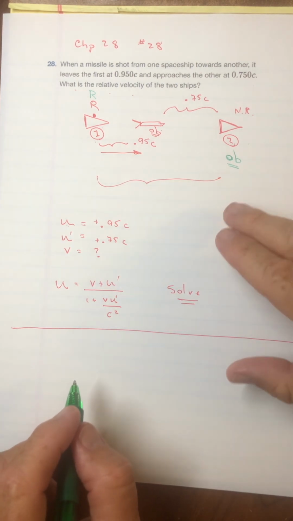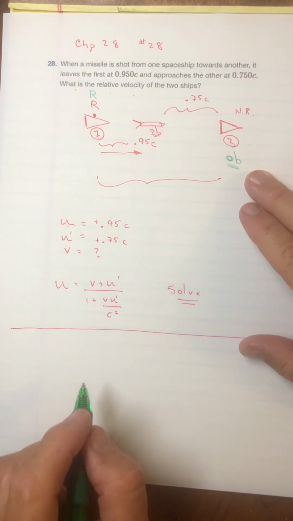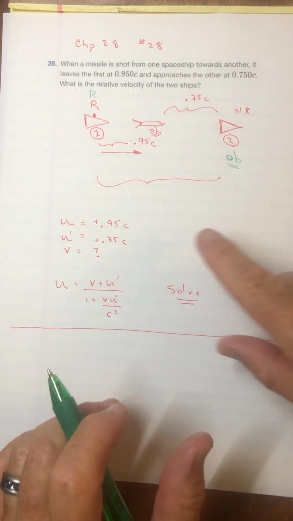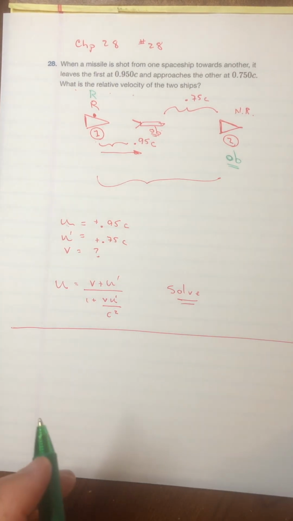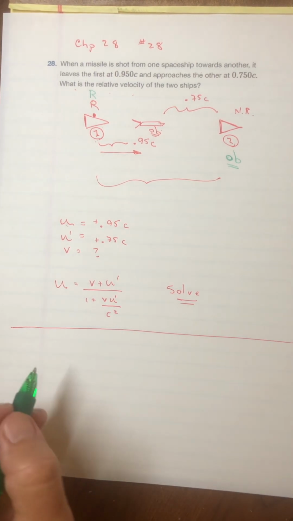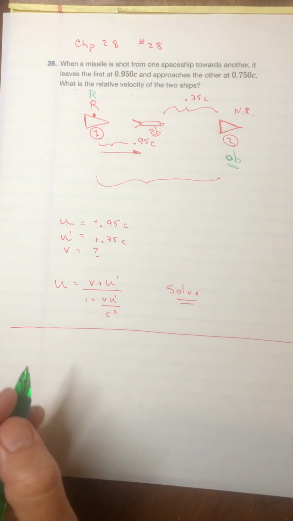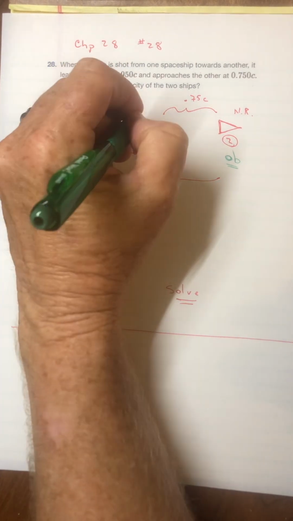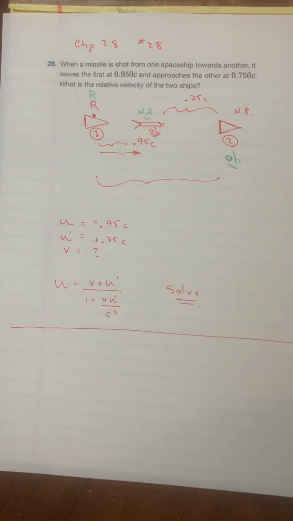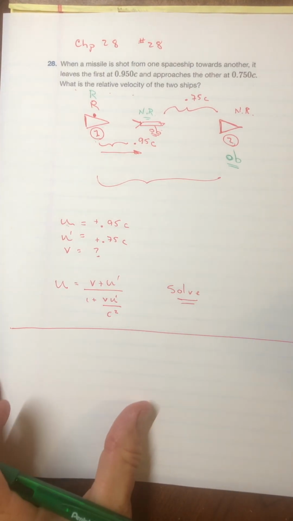So what that would mean then is I am looking for the u, right? The u is the speed of the object as seen from the reference, and this equation is set up perfect for that. Of course, what that would mean then is the missile would have to be the non-referenced observer.